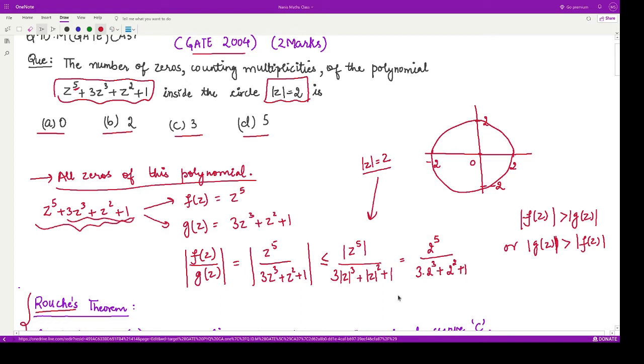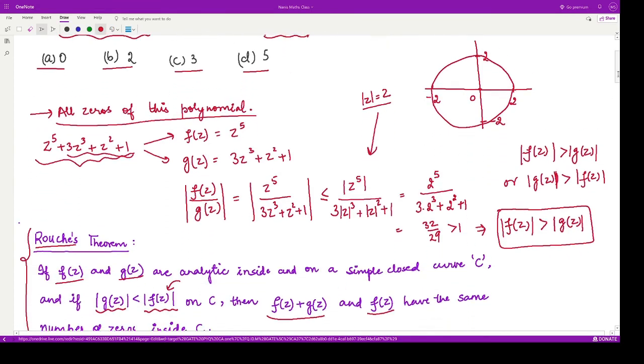When you simplify this, it turns out to be 32 divided by 29. Now this fraction is obviously greater than 1. So we end up with the result that the modulus of f of z is strictly greater than the modulus of g of z. This is the relation that we obtain from here.